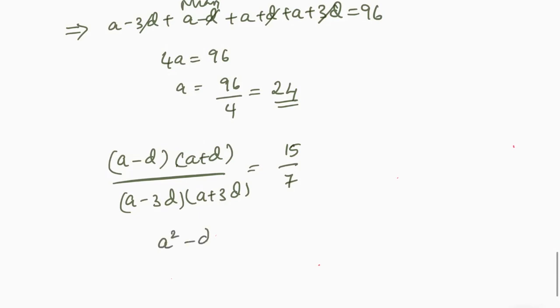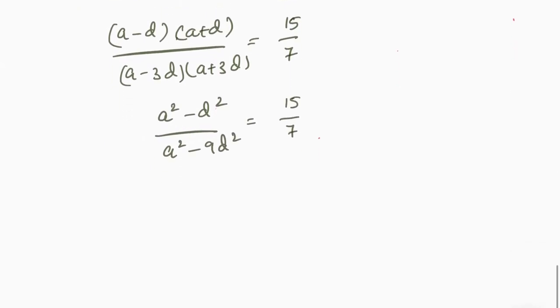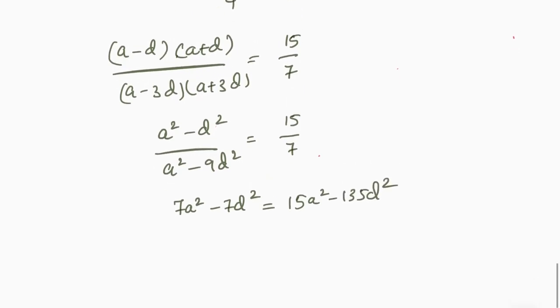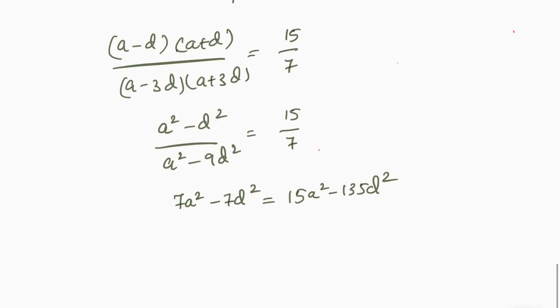So (a square minus d square) by (a square minus 9d square) equals 15 by 7. So you get 7a square minus 7d square equals 135d square.